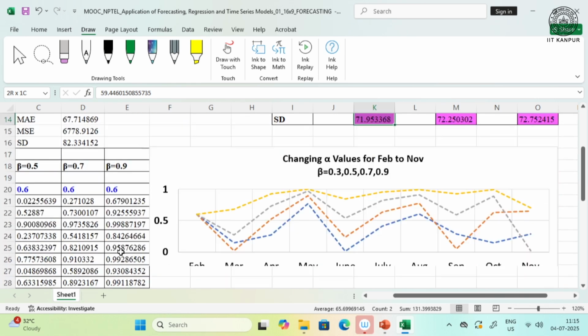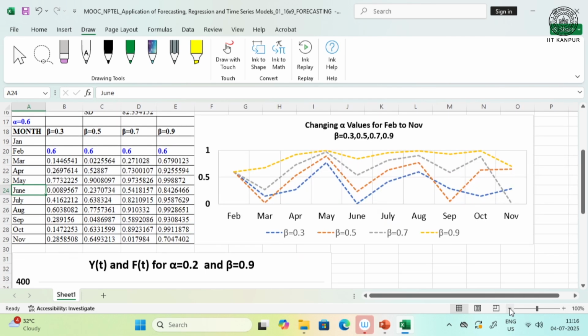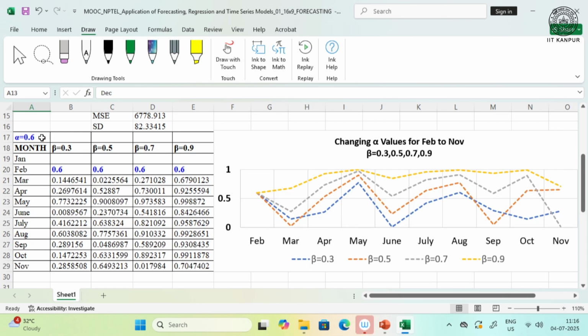Now, before I go to the next table, I will switch to the Excel sheet. So, this is what I will do. I have a graph and I will show it so that it is easily visible to all the participants.